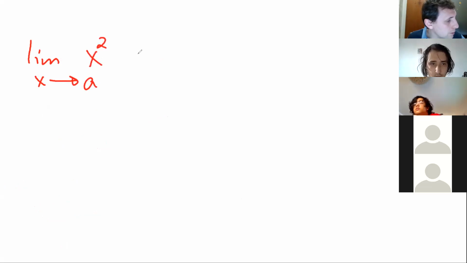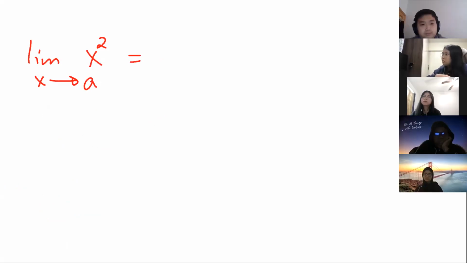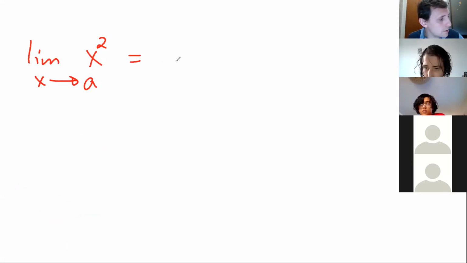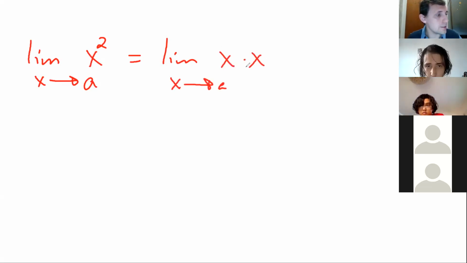Now, what would be the next level? What is the limit as x goes to a of x squared? What is that equal to? We can use the product operation. This is the same as the limit as x goes to a of x multiplied by x.